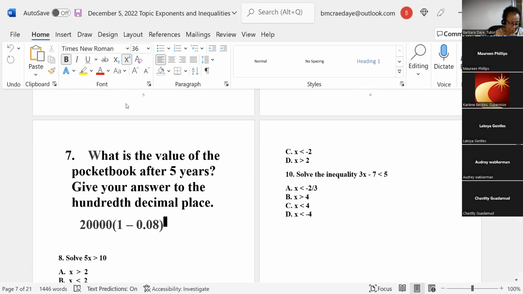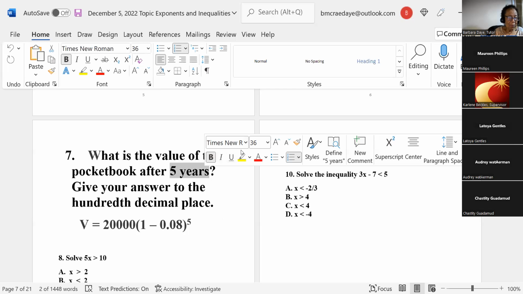Okay, so the value V after 5 years would be equal to the 20,000 times, and remember, we said we subtract the percent as a decimal from the 1. It's raised to the 5th power because it says 5 years. That's the time, right?